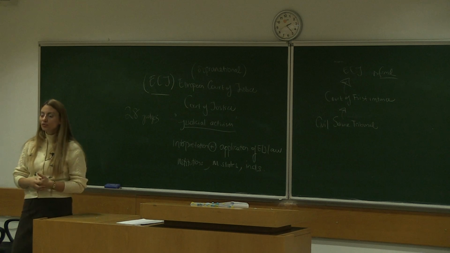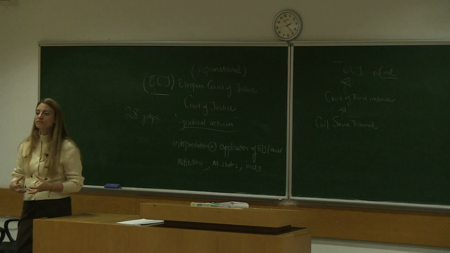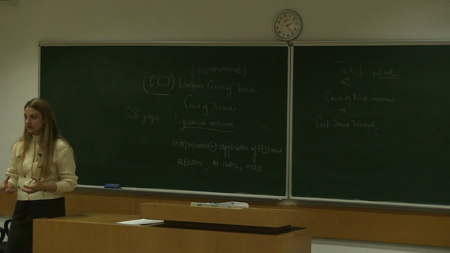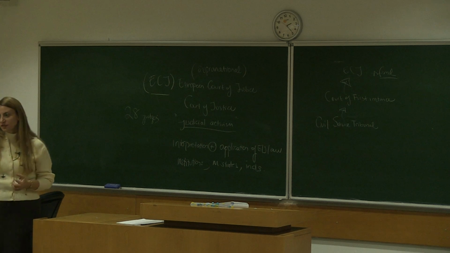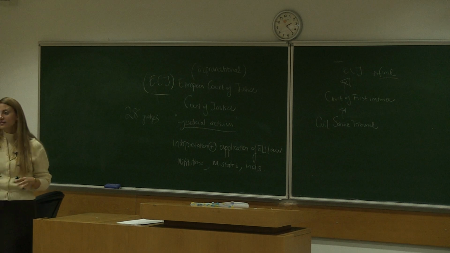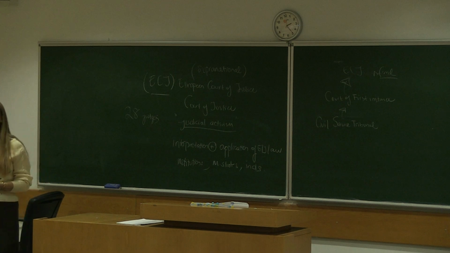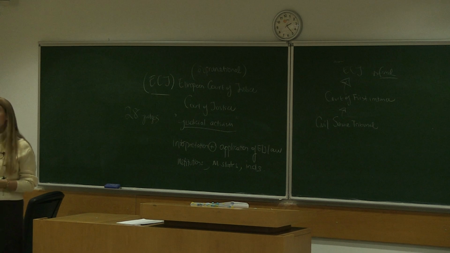So it's very important that you have the same rules applied uniformly in each and every member state. That's why the European Court of Justice has this monitoring role, to make sure that the uniform application of the EU law is observed in 28 member states.